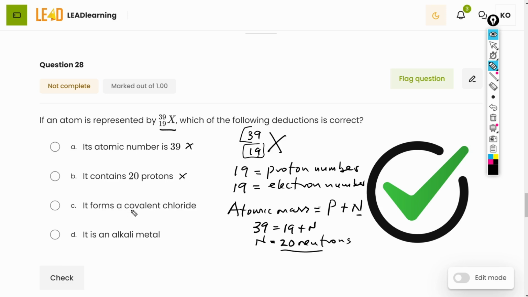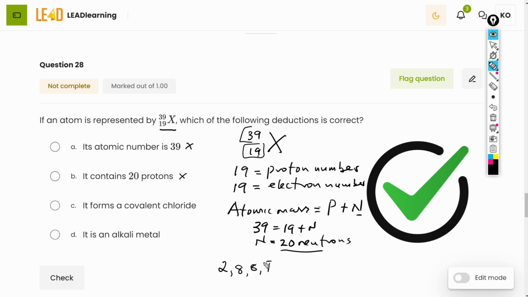Option C, it forms a covalent chloride. Now let's look at this configuration. If it has 19 electrons, using the principal energy levels or the shell configuration, the configuration will be 2 8 8 1.